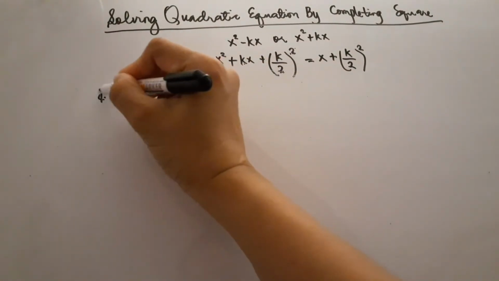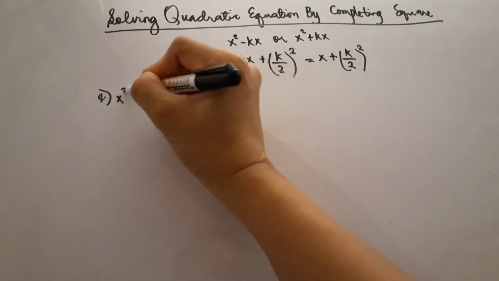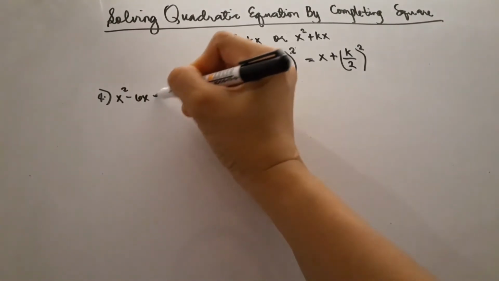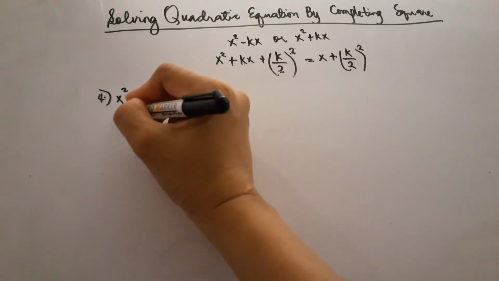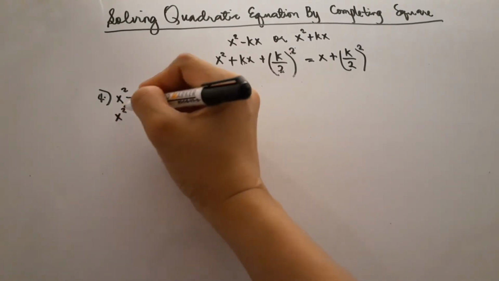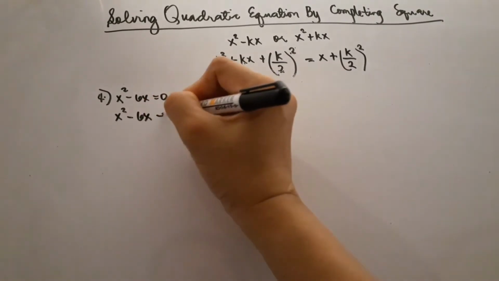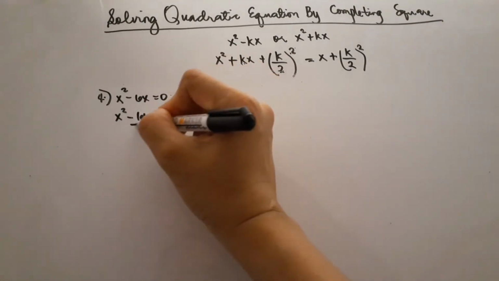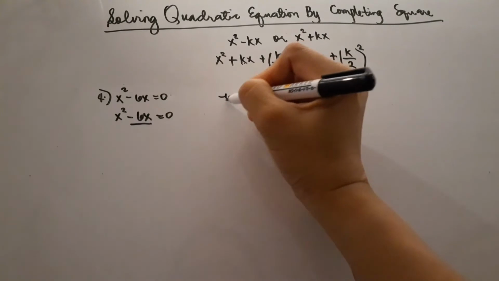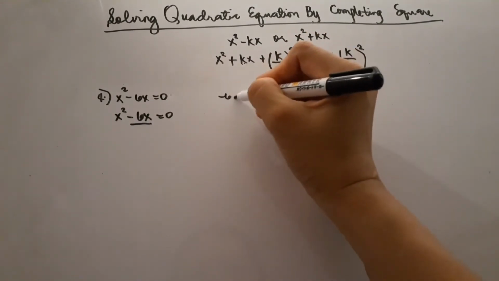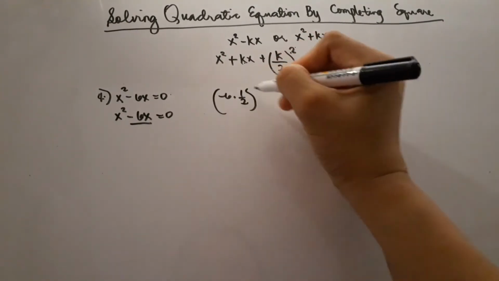So let's have another example, number 4. We have x² - 6x = 0. And then we have to add the square of half of the coefficient of x to both sides. Our coefficient of x here is -6, so we multiply by 1/2.